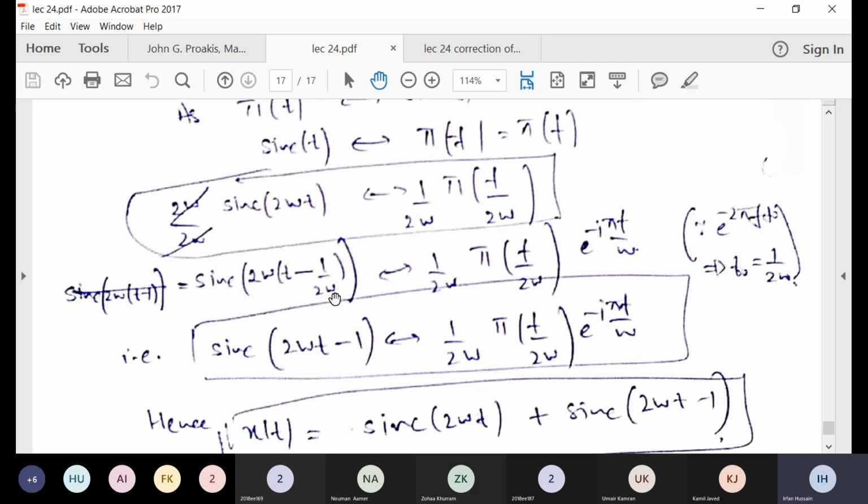So if I shift by 1 over 2w, I multiply by e to the minus j2 pi f t naught, where t naught is 1 over 2w, the 2 cancels, giving minus j pi f over w, and this becomes a Fourier transform.